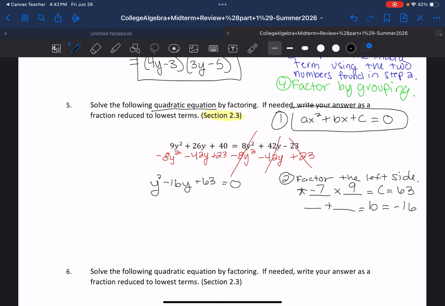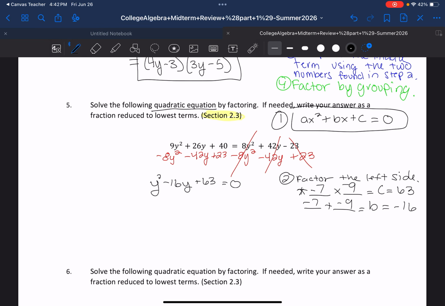And both of these would need to be negative to make the signs work. Negative 7 times negative 9 is a positive 63. Negative 7 minus 9 is negative 16. So those are our two numbers.